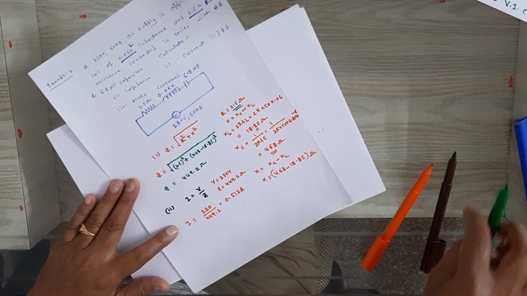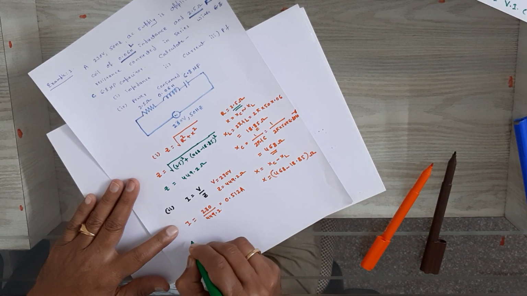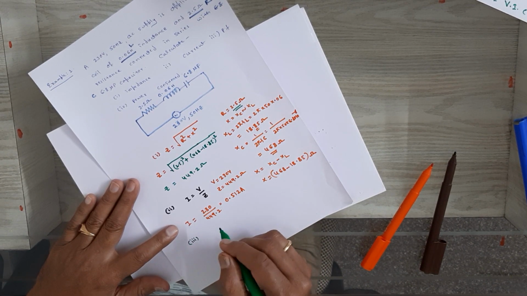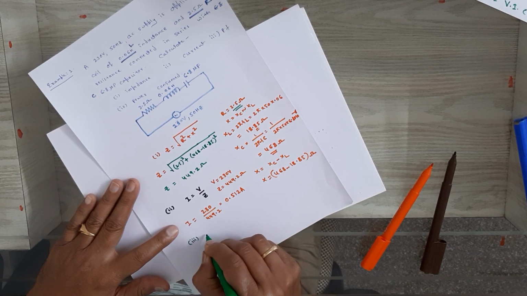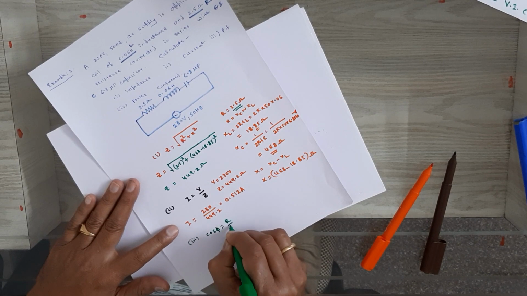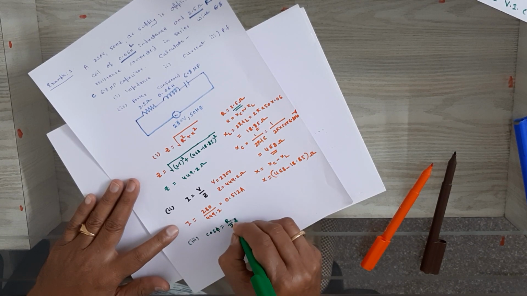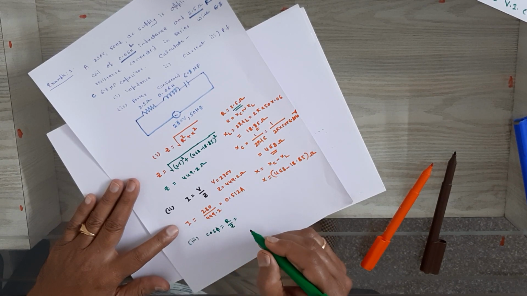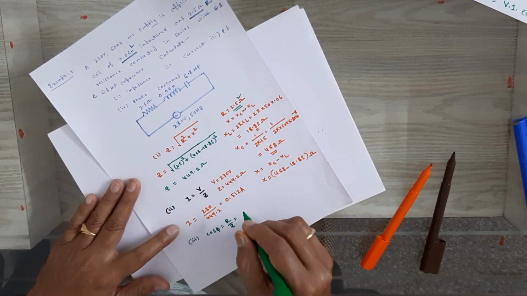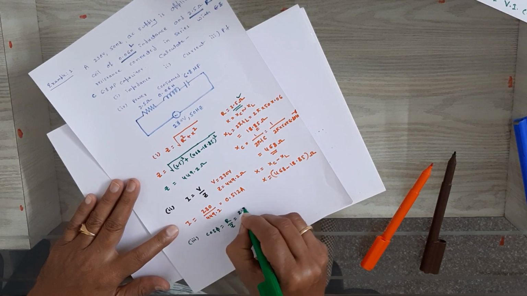Then the third thing asked is the power factor. We have a standard formula for cos phi. The cos phi is given by R by Z. We know all the values here. Just substitute the value of R, which is 2.5 ohm.